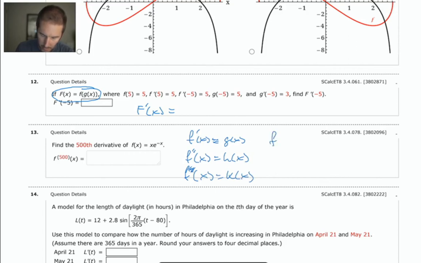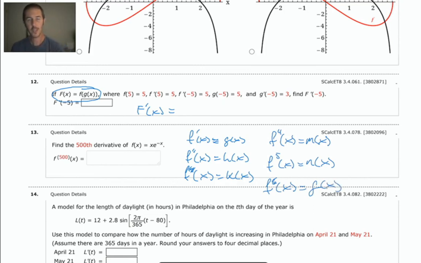And then f quadruple prime is equal to m of x. And let's see, even 6 would be better. Let's say you take 6 derivatives before you see any repetition.